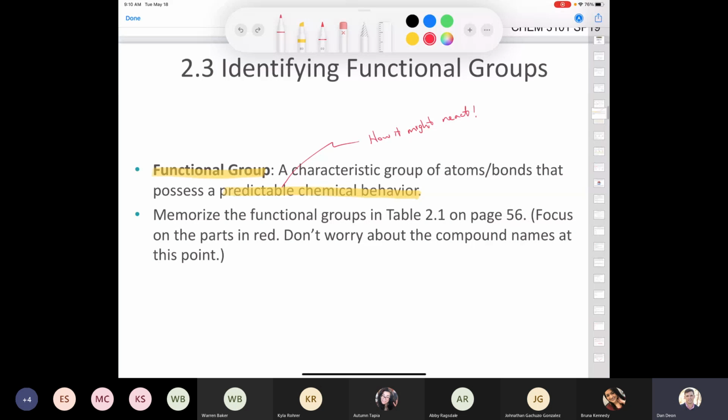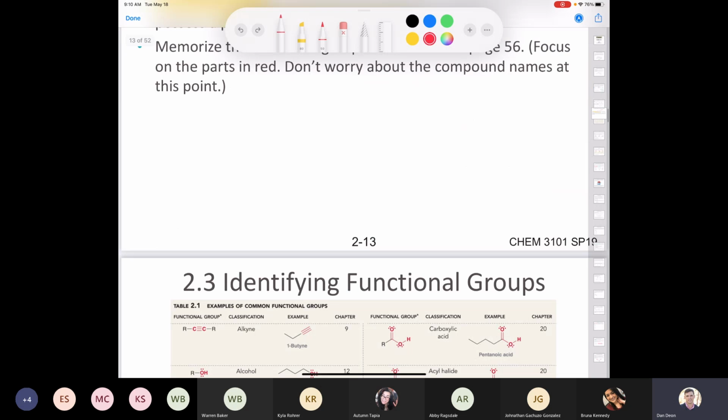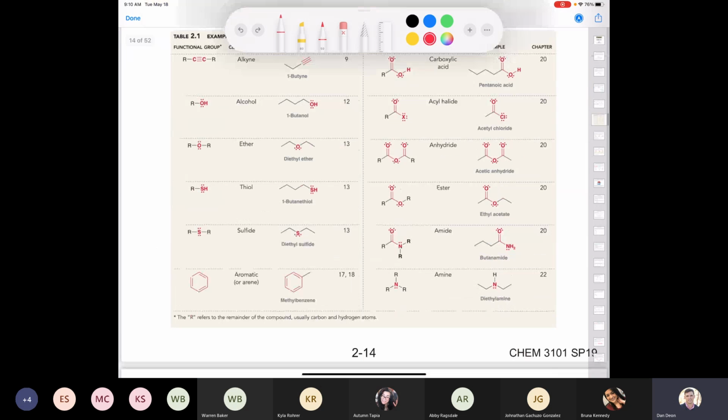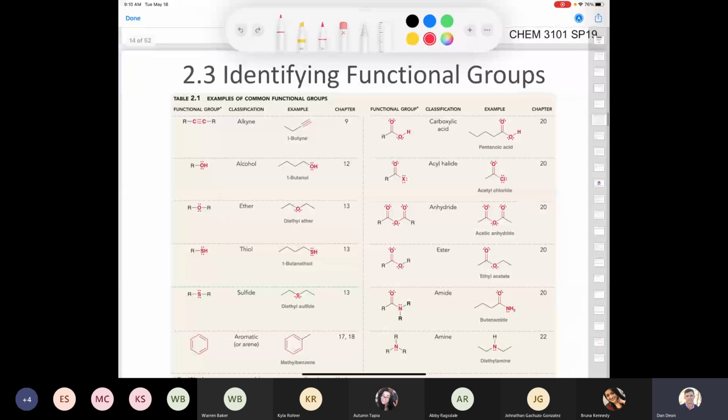You just have to be able to name the functional groups and identify them. Also, I posted a link to a video in an announcement on Canvas, on my YouTube channel, where I discuss all the functional groups if you want more information, because we're going to take a look at them pretty quickly right now. I think there's one that's missing, but let's take a quick peek at them.